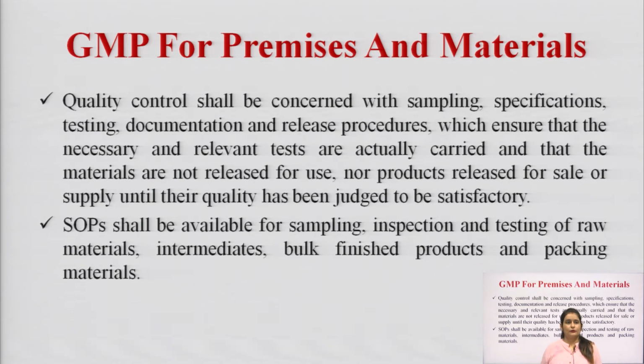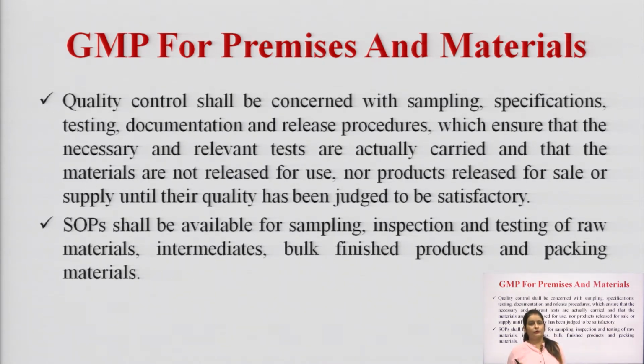Okay. So, the quality control department has sole responsibility for specification, testing, sampling and documentation, and when the quality control department is satisfied, then and only then can the particular product be released for sale or supply.